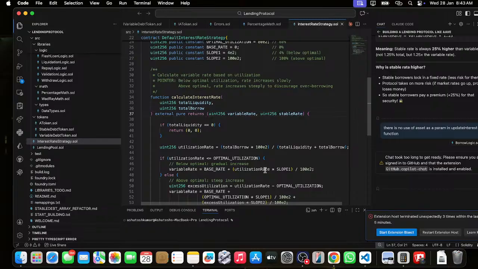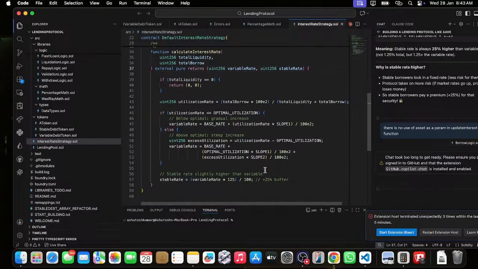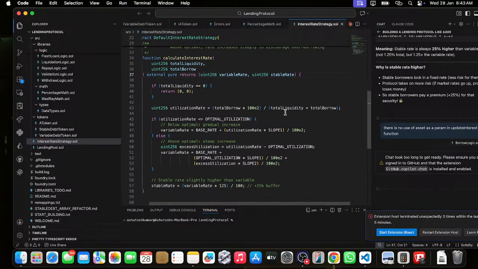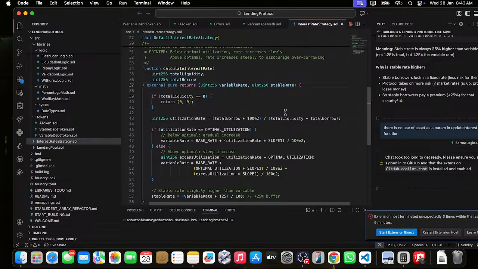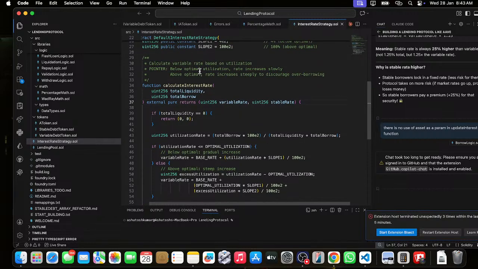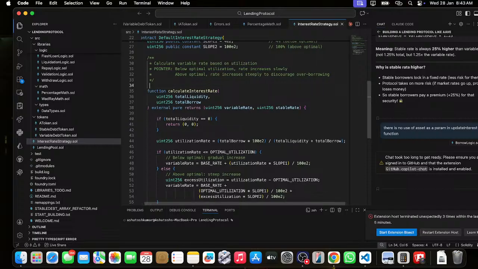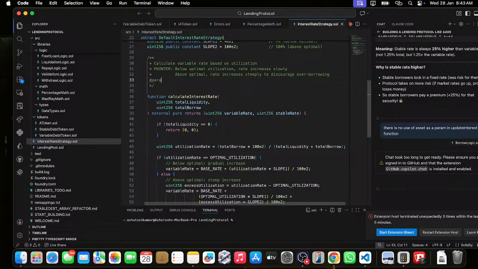Under total liquidity, total borrow, and available liquidity, available borrow.